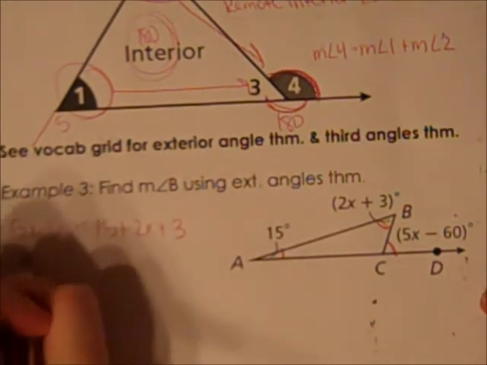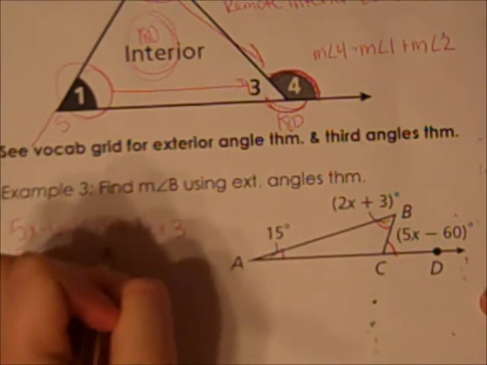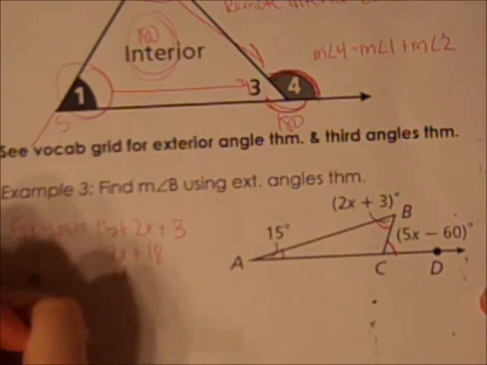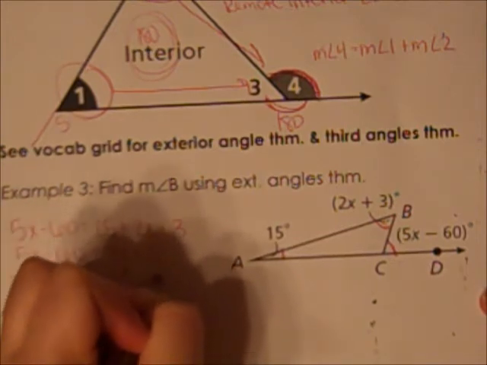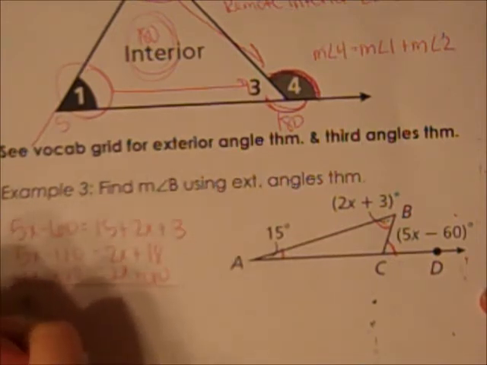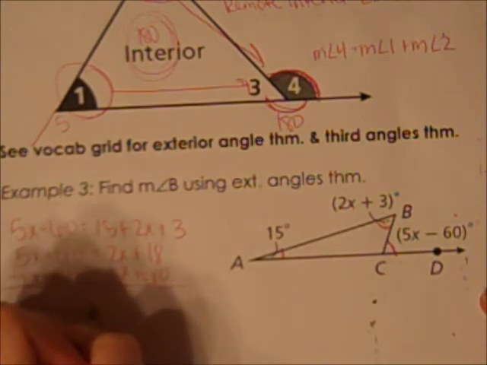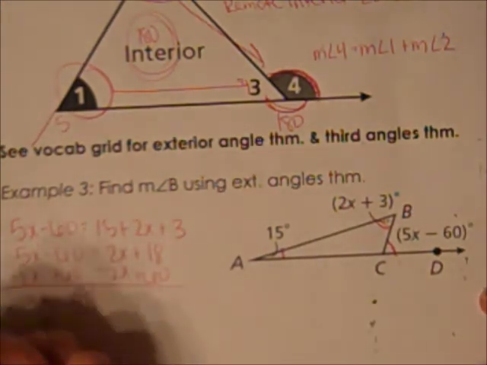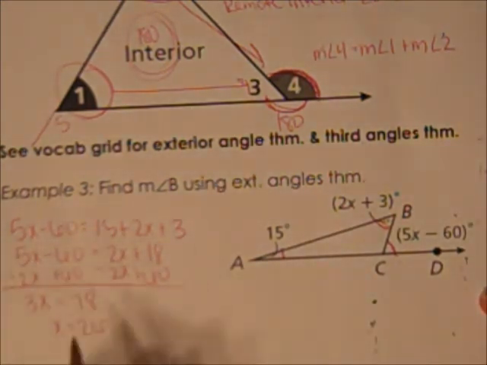So let's combine like terms. Okay, and then let's move the 2x this way and the 60 this way. 3x is equal to 78. So x is equal to 26. It didn't say find x.